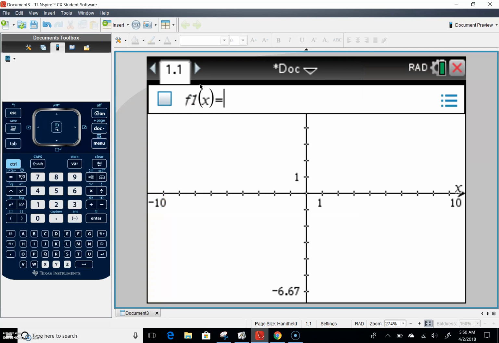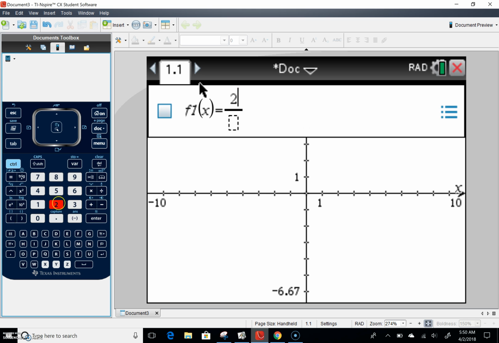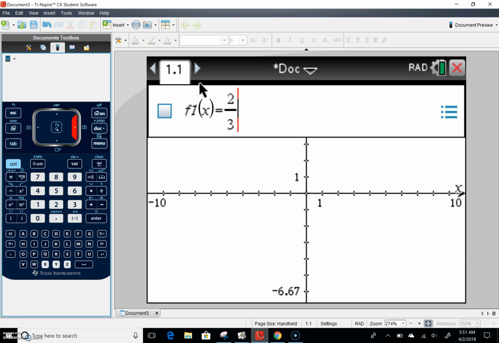Add graph, Control divide, 2 over 3, or 2x over 3.